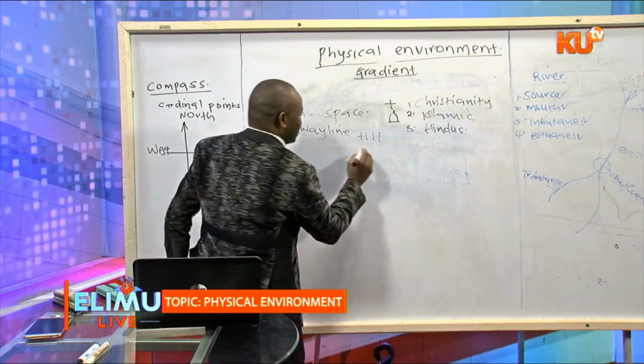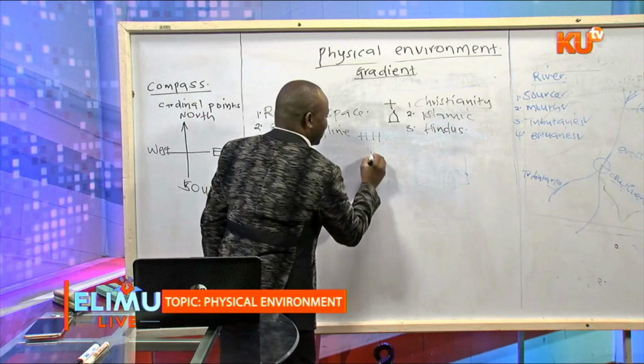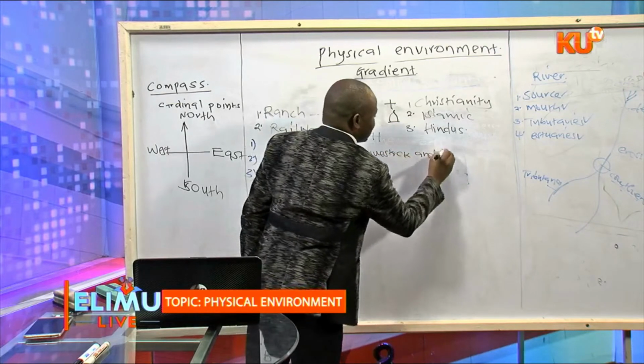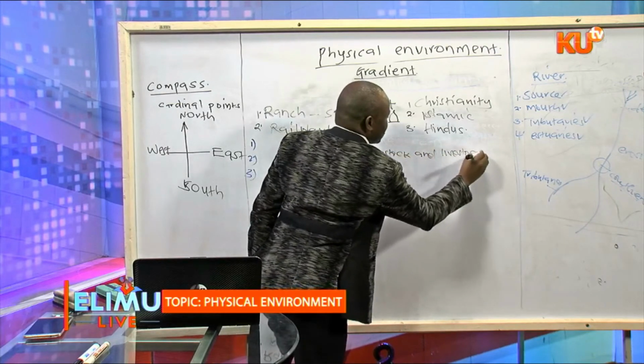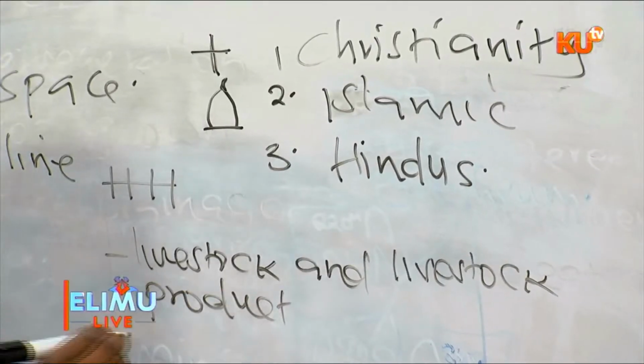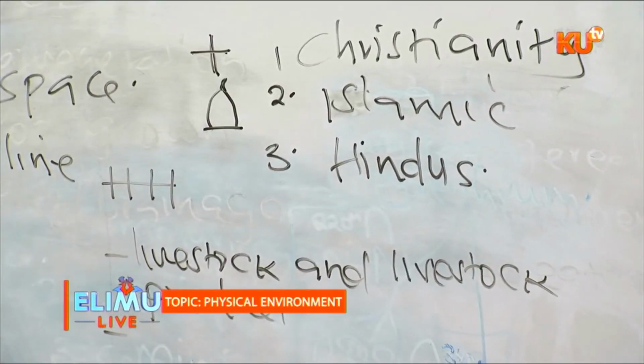So these goods, one, we have livestock and livestock products. Two, we have timber.